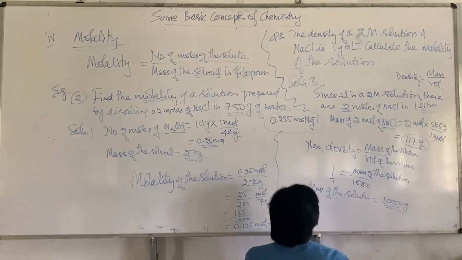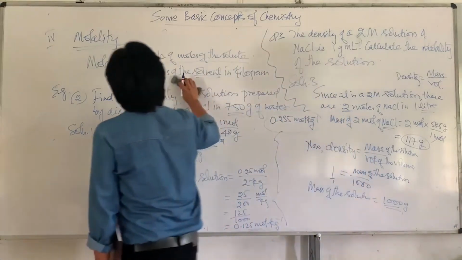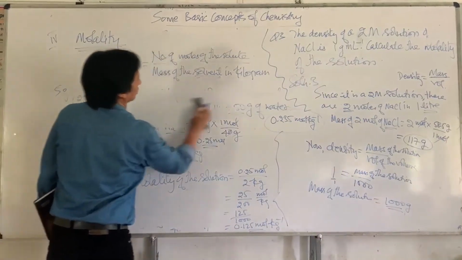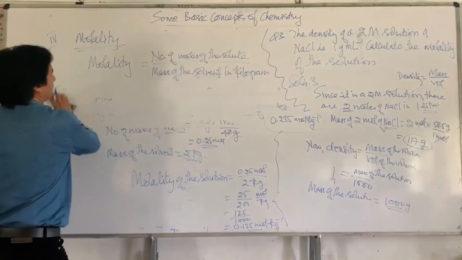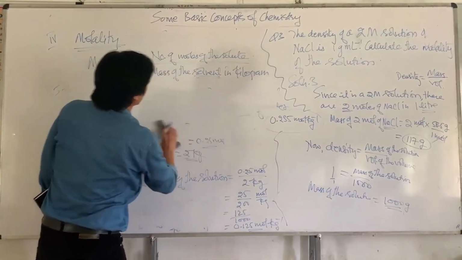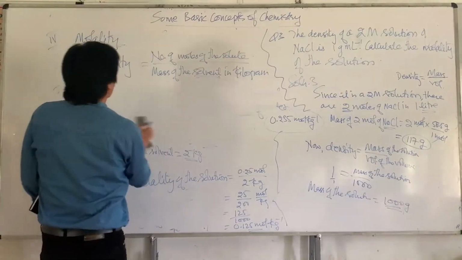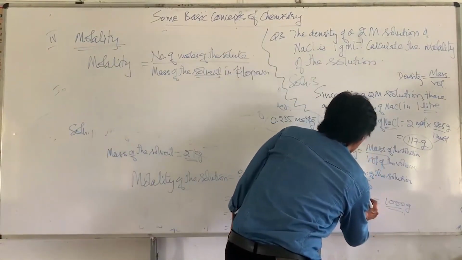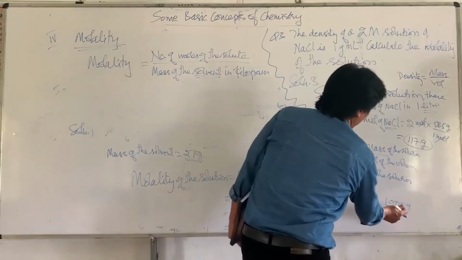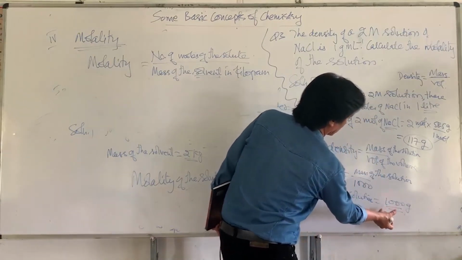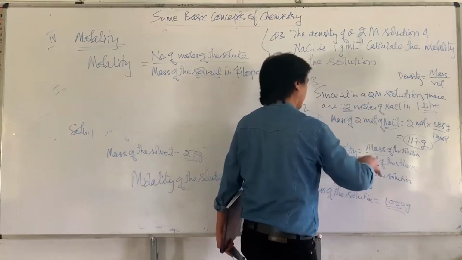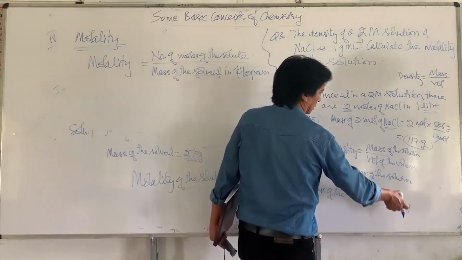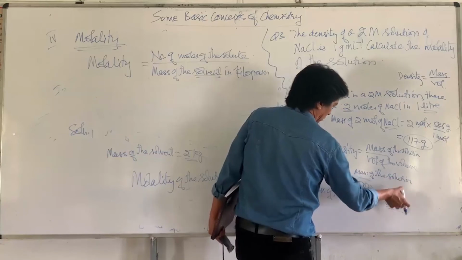Now what we need is to find the molality. You need the number of moles of the solute divided by mass of the solvent alone in kilograms. The mass of the solution includes the masses of both the solute and the solvent.